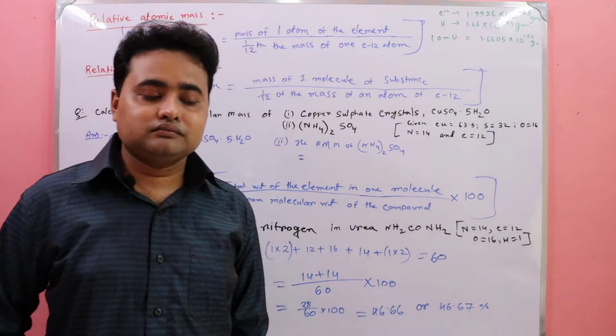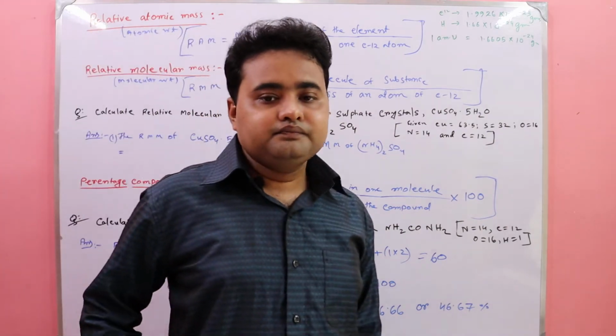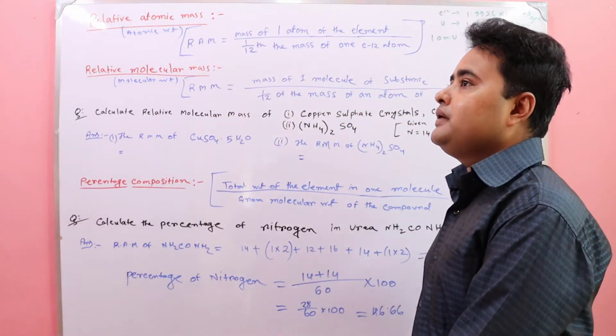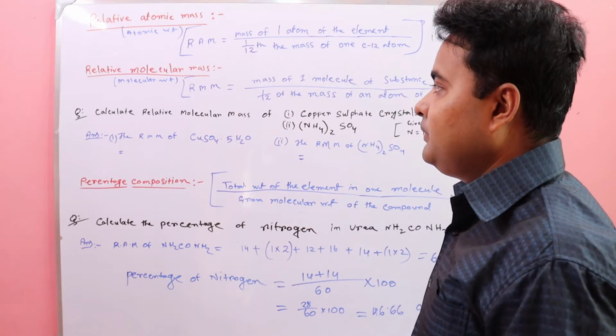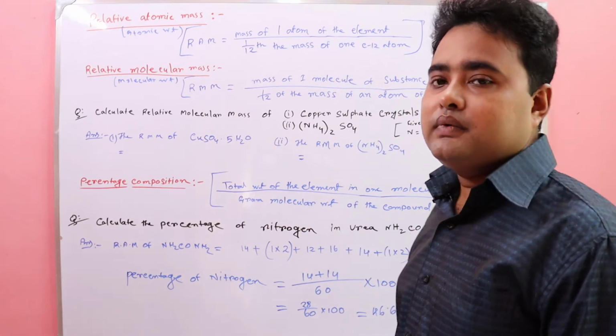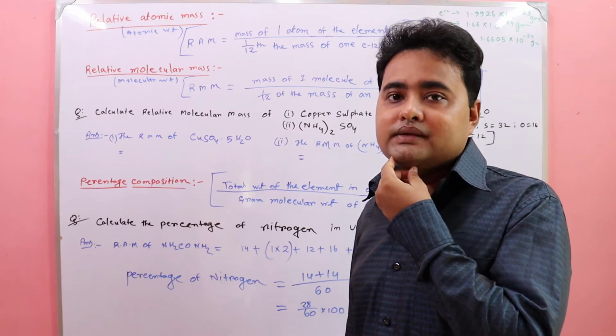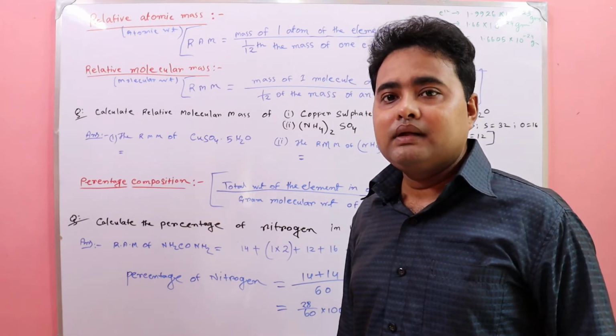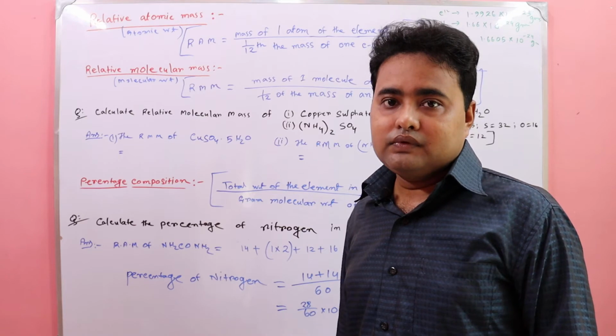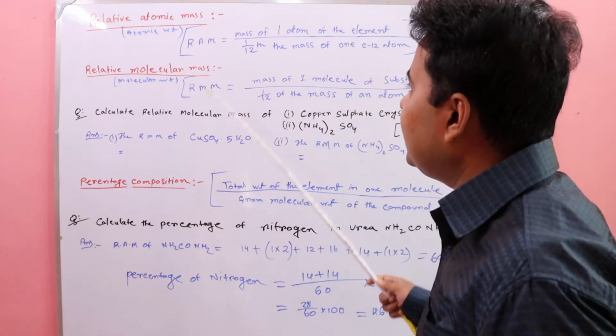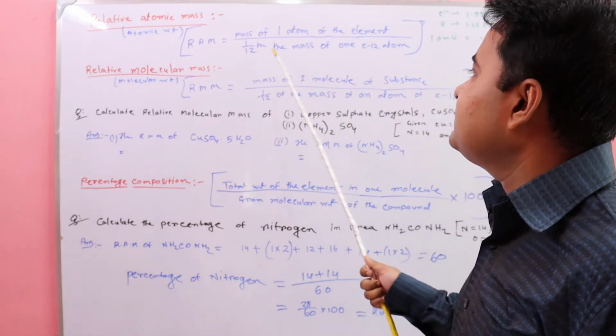Is that clear? Now, previously scientists used the hydrogen atom to evaluate atomic mass or molecular mass, but why after 1961 the carbon atom?